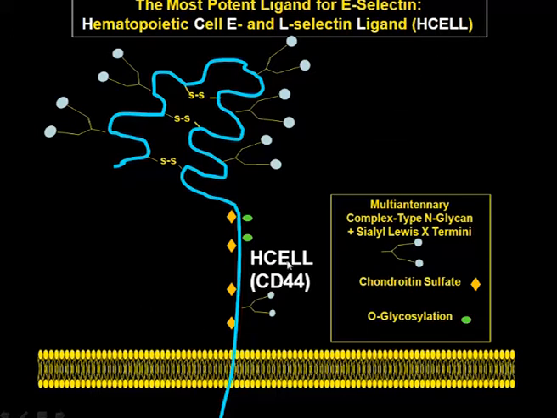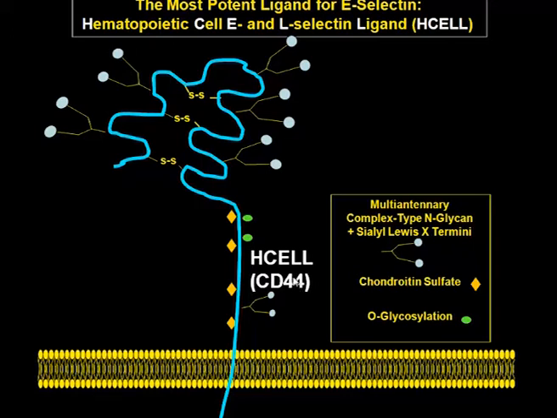HCELL is a sialylated fucosylated glycoform of a well-known molecule, CD44. CD44 is ubiquitously expressed on essentially every cell of the body, but HCELL is expressed only on hematopoietic stem cells. The CD44 core protein scaffold gets decorated with sialylated Lewis X, such that that molecule is then HCELL.